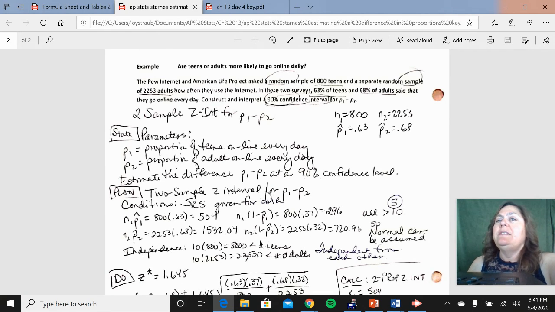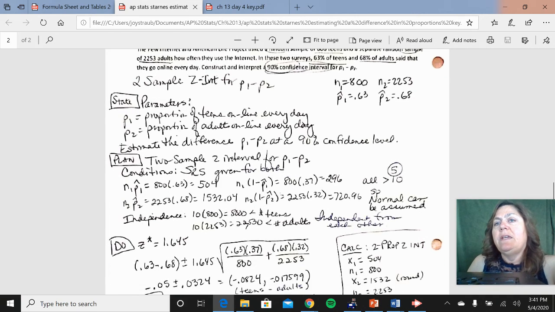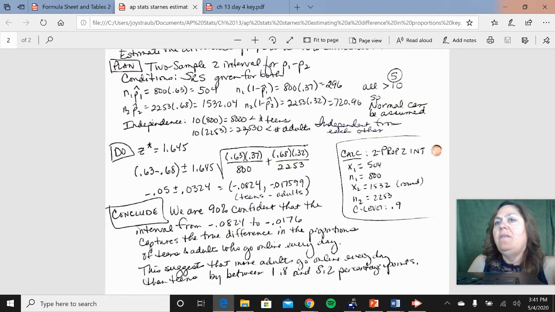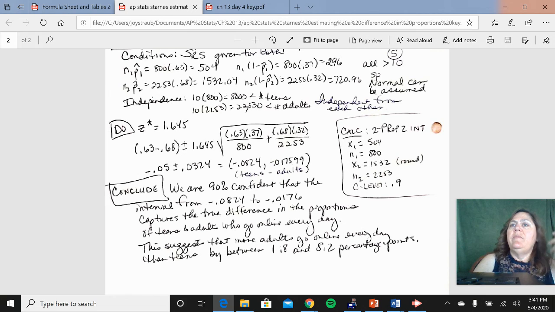Okay. Our z star for 90% is 1.645. And so I did this by hand and in the calculator to show both ways. You only had to do it one way, but there it is, the formula filled in with all of the pieces we were using. Notice I needed to state that it was teens minus adults. We need to state the difference of what's going on here. So teens minus adults, and I get this confidence interval.